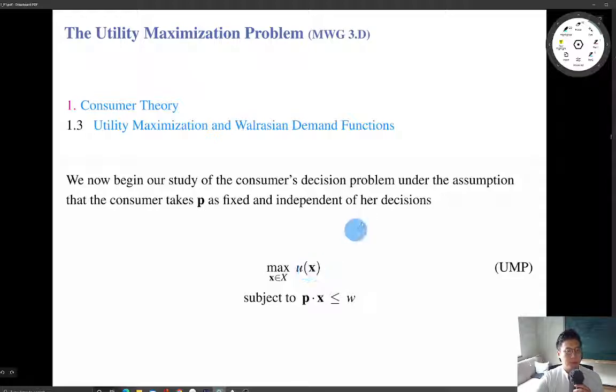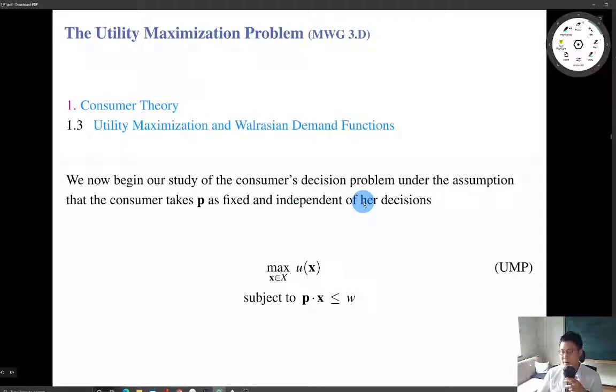All right, and there are two underlying assumptions, as I mentioned in the previous week. We assume market completeness, so as soon as the consumer participates in the market, she can observe the price information. The price information is publicly available, and the price vector P is not determined by individual behavior.